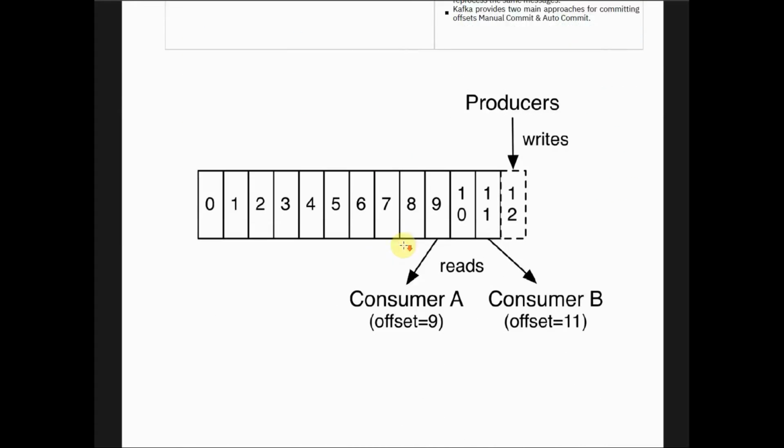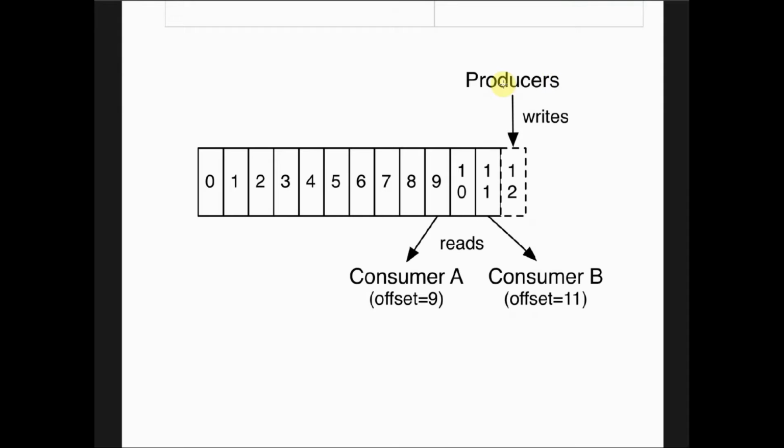So here, as you can see, we have one producer which has been writing data to the topic, and it is writing at position 12. And we have two consumers, consumer A and consumer B, which are subscribing to messages from the topic at their own pace. Consumer A right now is at offset 9. That means it has successfully received the records from 0 to 8 and performed the commit operation.